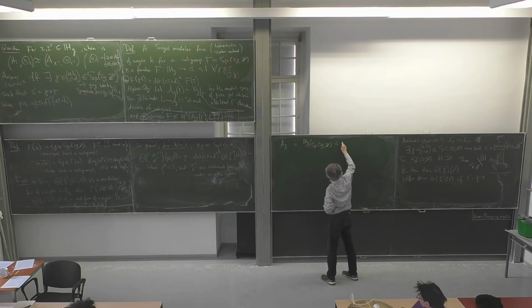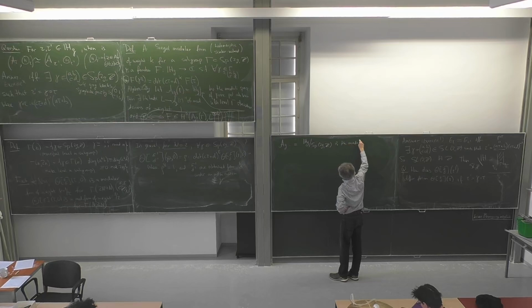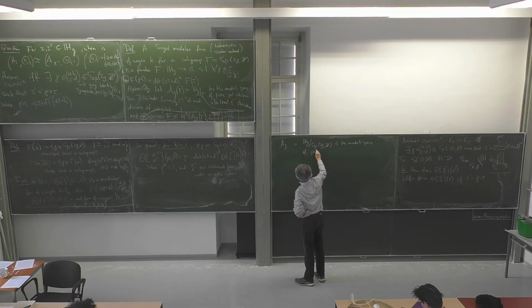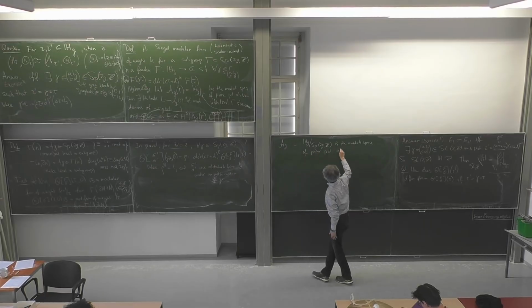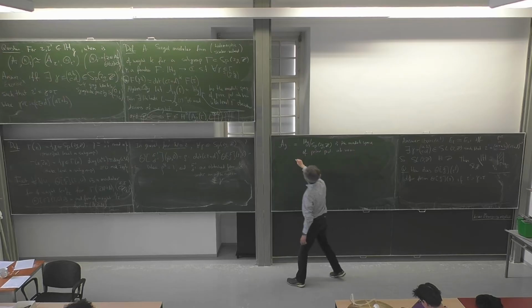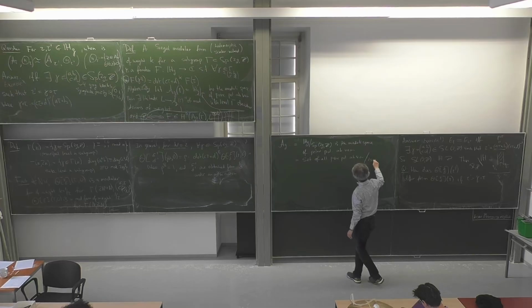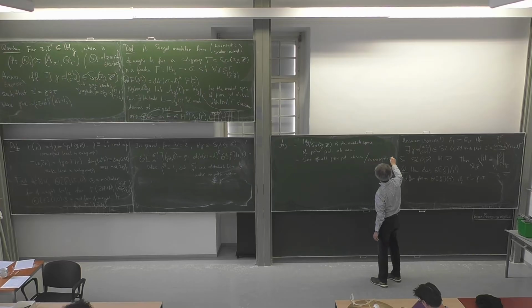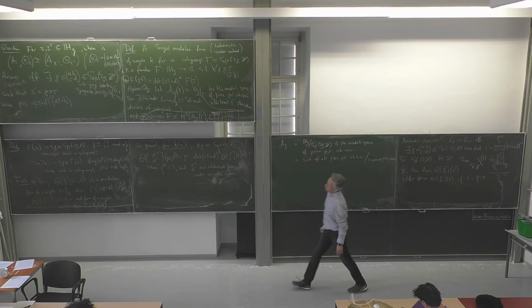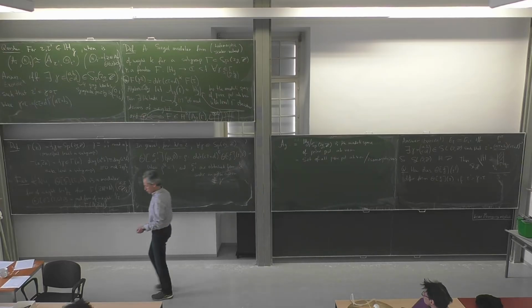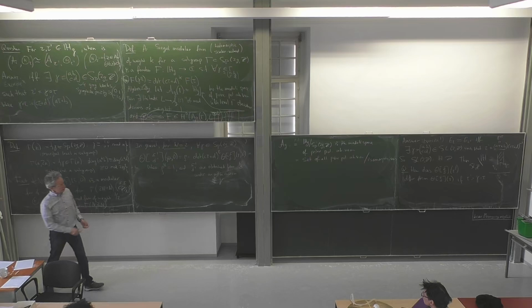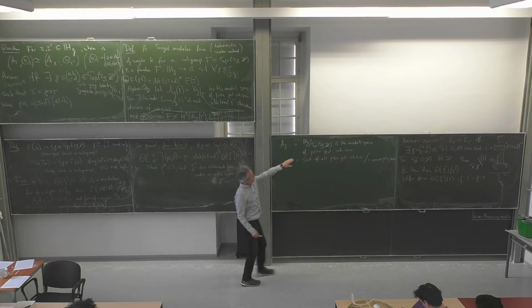This is the moduli space of principally polarized abelian varieties, which is to say this is the same as the set of all principally polarized abelian varieties up to isomorphism, by the exercise over there, right? Two abelian varieties are isomorphic if and only if I can get from one to the other by an action of this, right?